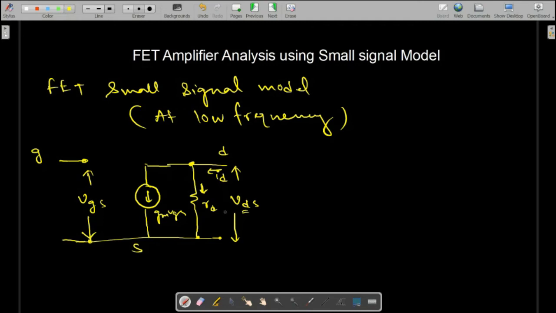At high frequencies extra capacitances will be connected. We are not going for that analysis, but if anyone is interested, some capacitance will come between gate and source, and one between gate and drain. This model will be used to analyze the FET, similar to your hybrid model.